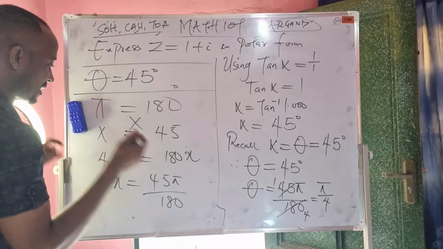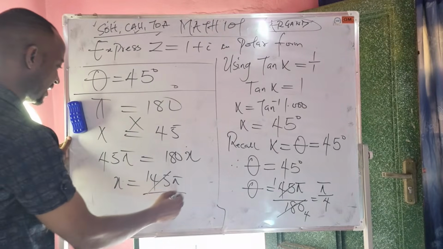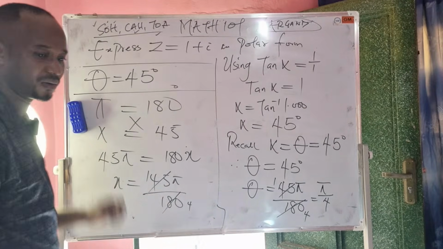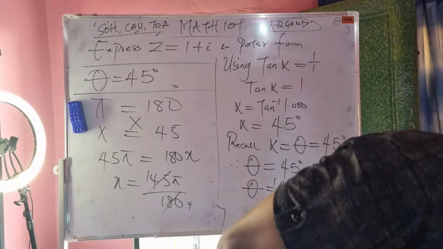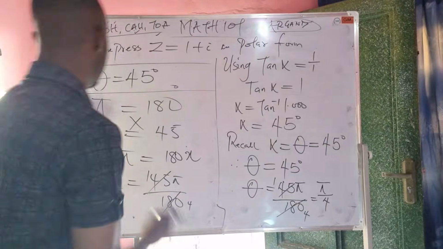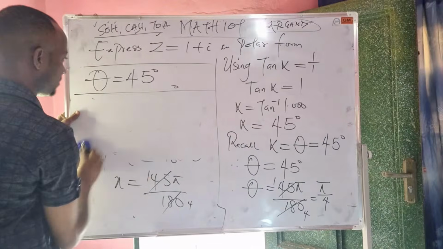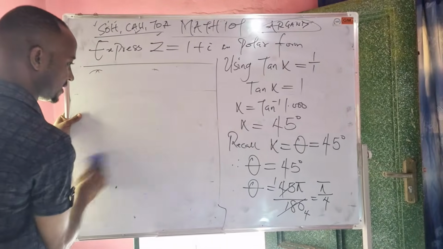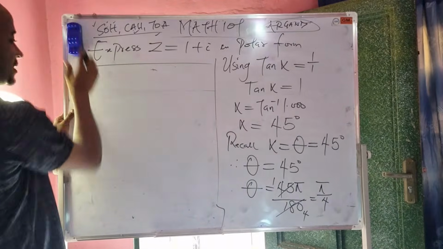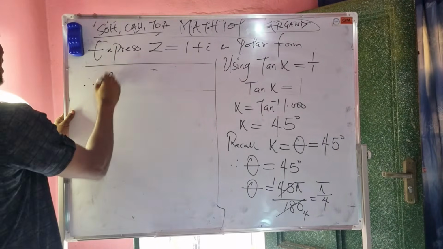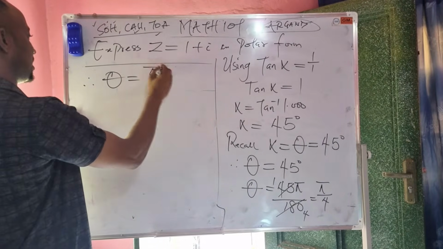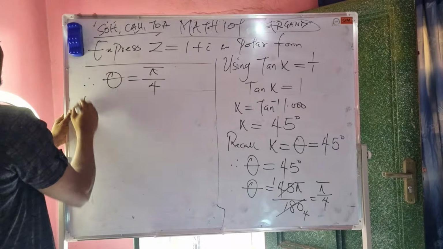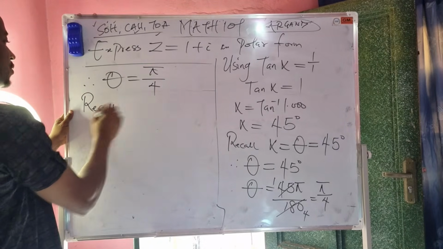From here we can cancel: 45 into 45 is 1, and into 180 is 4. That will give us 1 rad over 4. So we have seen that our argument theta is pi over 4.